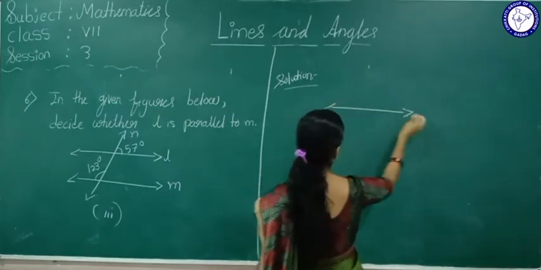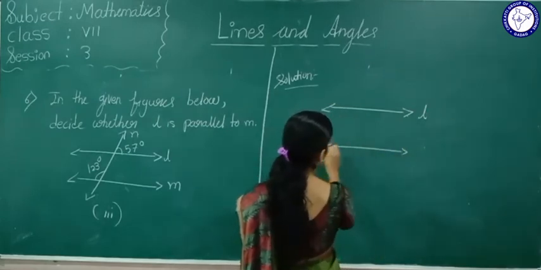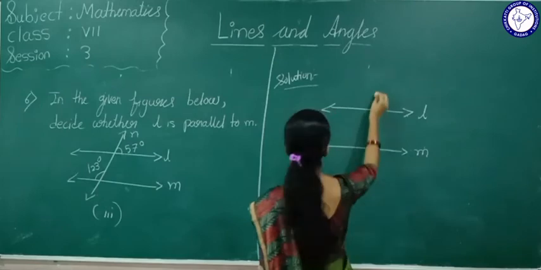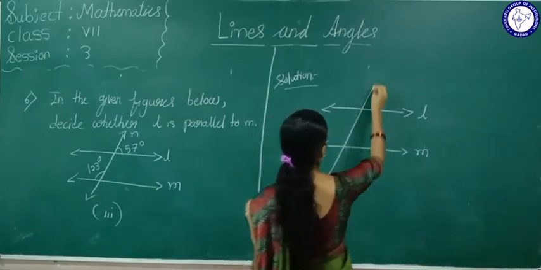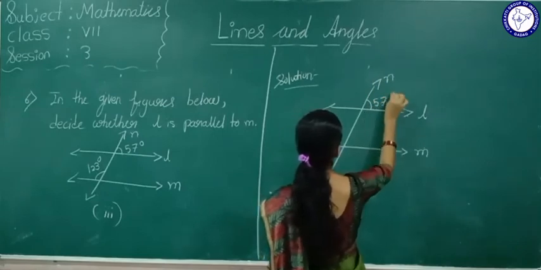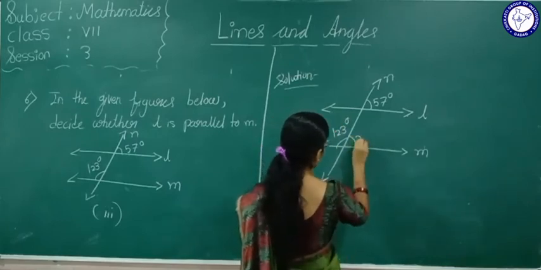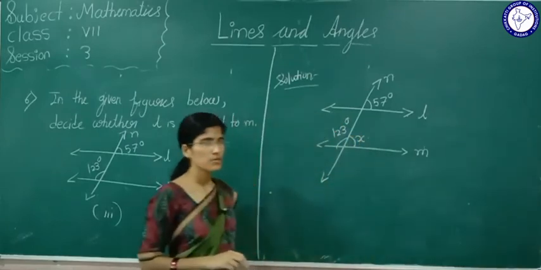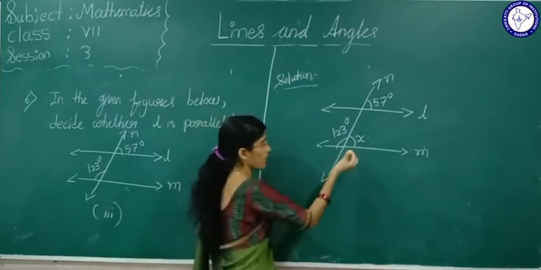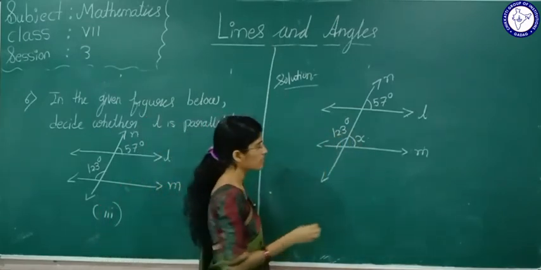I will draw: this is line L, this is line M, this is line N. Here 57 degree and here 123 degree. So we will take this as angle X. Now tell me how to find the value of X here.